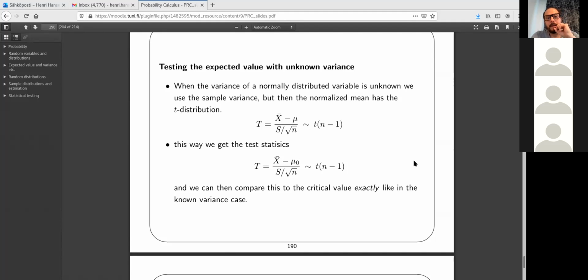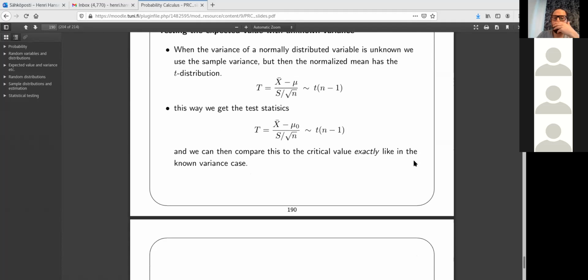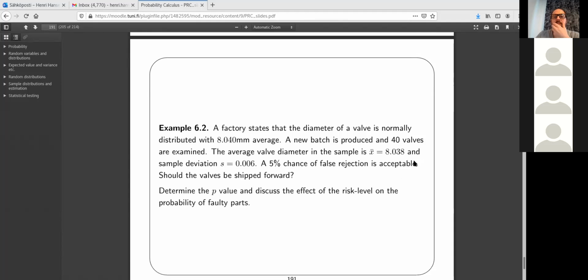And if we calculate this T statistic here, we should compare it to the critical value exactly like with the known variance, except that we're not using N(0,1), we're using the T n-1 distribution, which for very large n will converge to the normal distribution, but with smaller n is far from it. Here's an example.